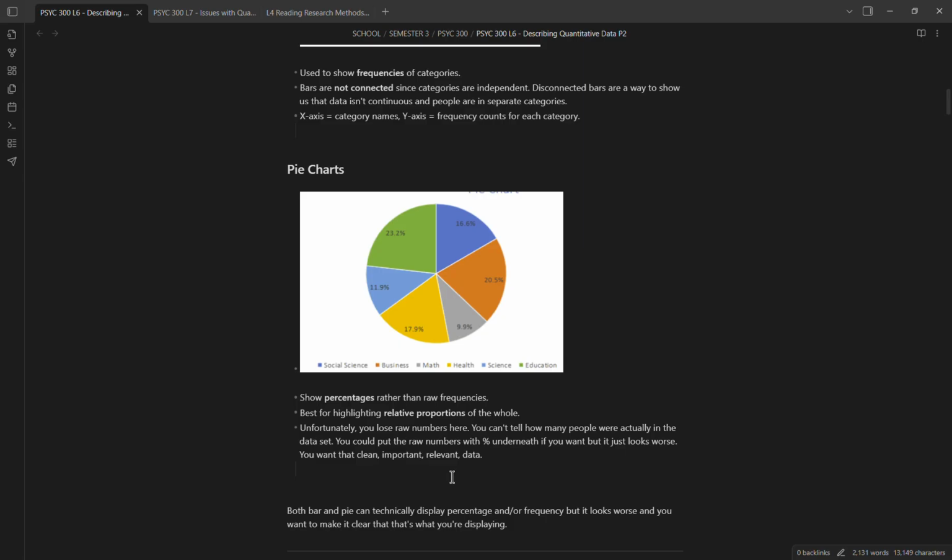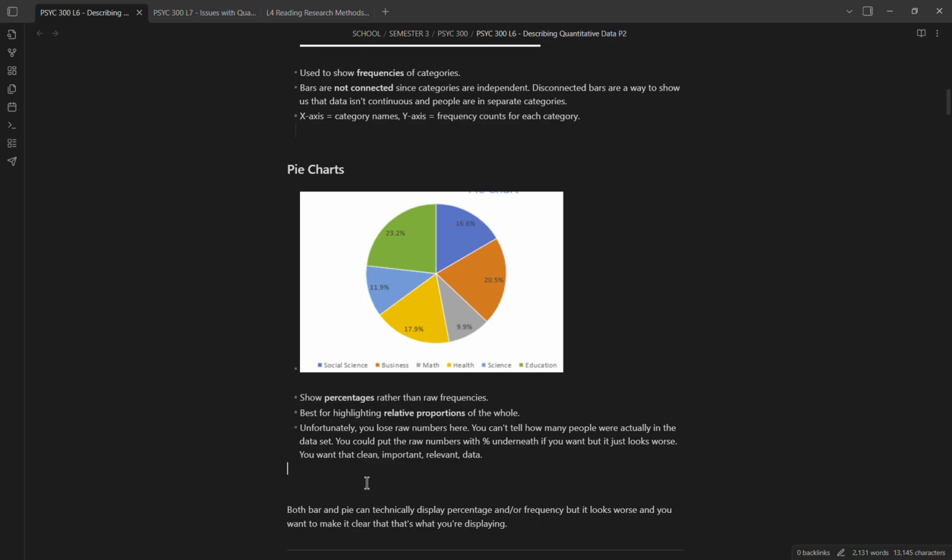Unfortunately, naturally, when you use pie charts, you lose raw numbers. You can't tell how many people were actually in the data set. There are ways to get around it, like you could put the raw numbers with the percent underneath if you want, but it just kind of looks worse. People don't really do that, so you usually lose those raw numbers with pie charts, even though it's the best at highlighting proportions to the whole. That's kind of the trade-off.